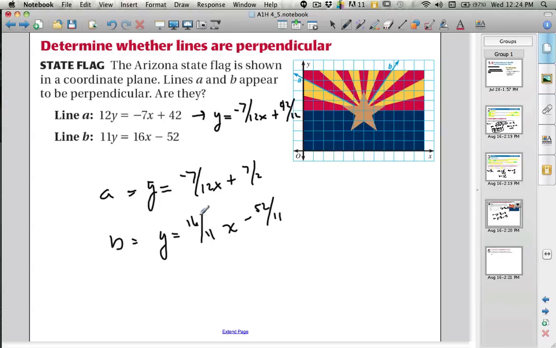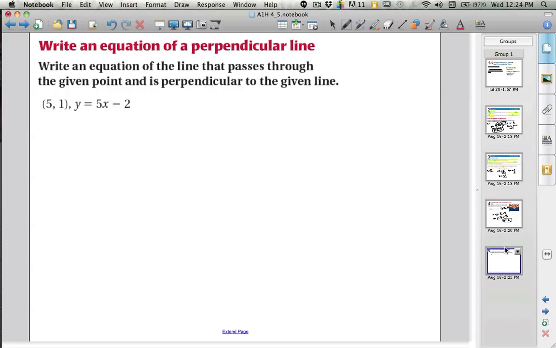So they're not even particularly close to being perpendicular. For this to be the negative reciprocal of that, it would have to be inverted, and then the sign would have to be changed. So it would have to be 12/7. So the lines are not perpendicular.